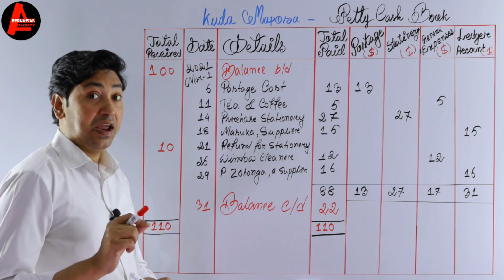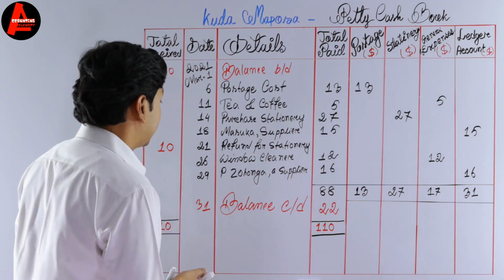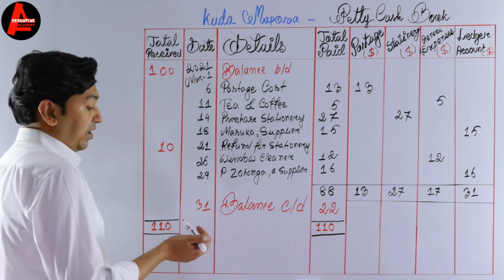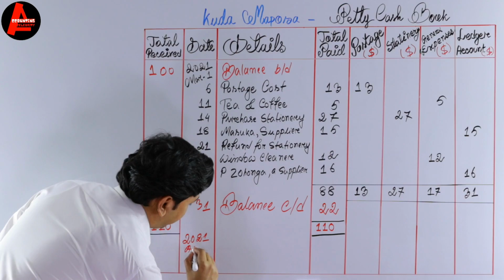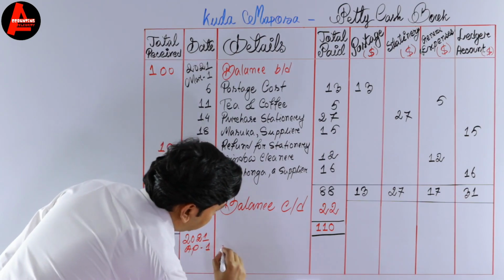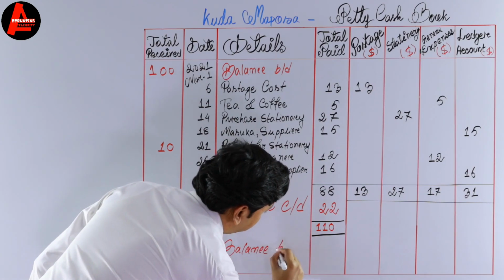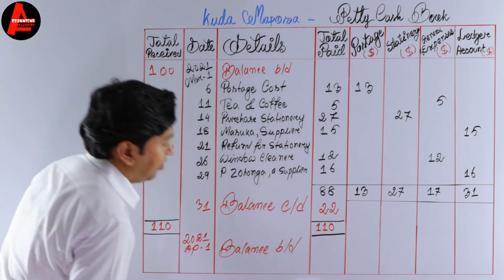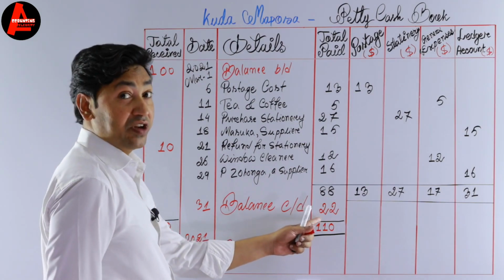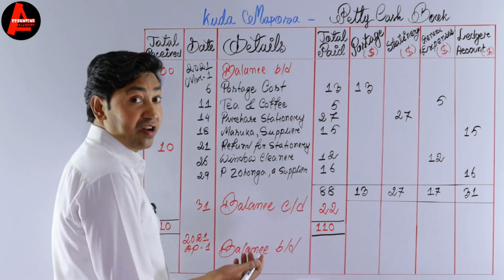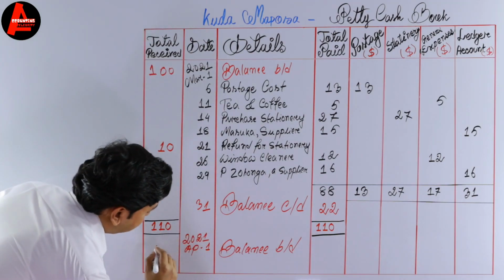Here we are doing for March, so next month will be April. Yeah, so 2021 April 1st. Yeah, so we will write here balance brought down, balance BD. Okay, so here which amount will come? This $22. Okay, so let us write here $22.